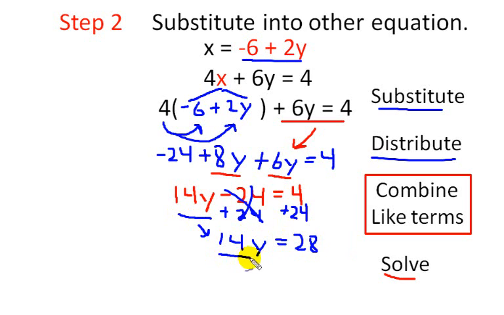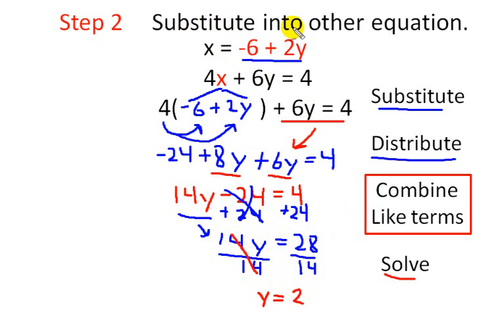Next step is to divide by 14 to cancel out this y that's being multiplied by 14. That cancels out this 14, and I get left with y equals 28 divided by 14, so that equals 2.